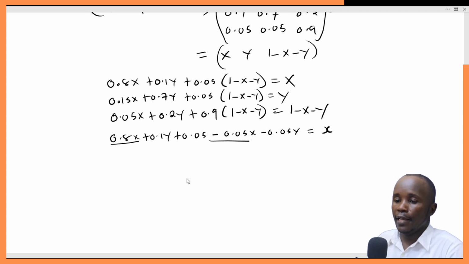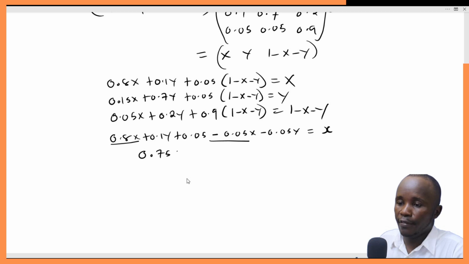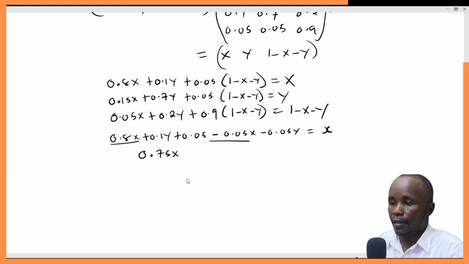Then here I will have 0.75x. Let me go to y. Y, I'm having 0.1 minus 0.05. This gives me plus 0.05y. This one is equals to x.